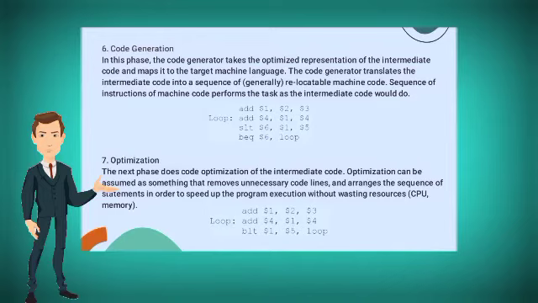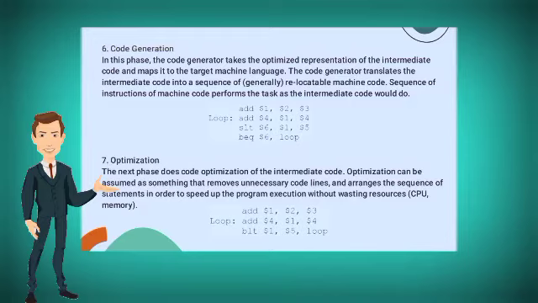Sixth, code generation. In this phase, the code generator takes the optimized representation of the intermediate code and maps it to the target machine language. The code generator translates the intermediate code into a sequence of relocatable machine code. The sequence of machine code instructions performs the same task as the intermediate code.